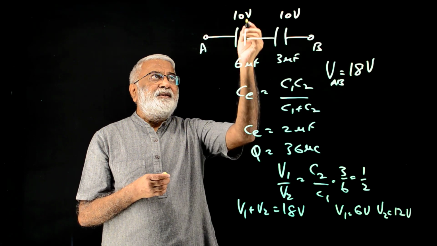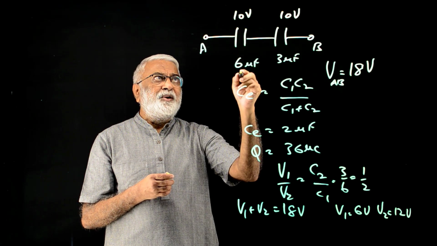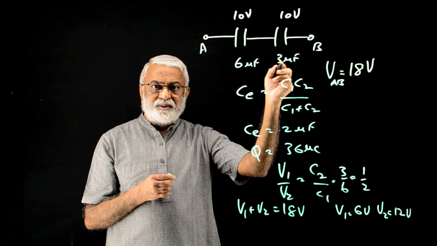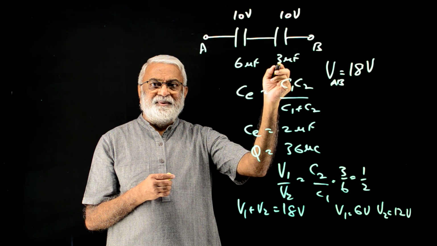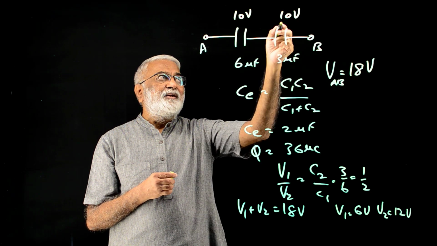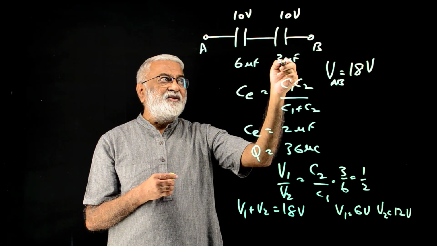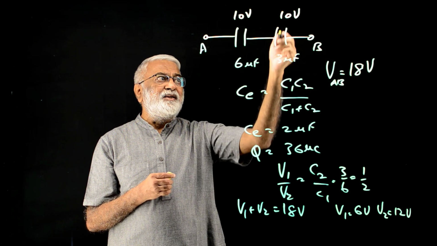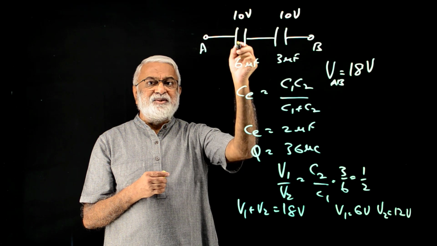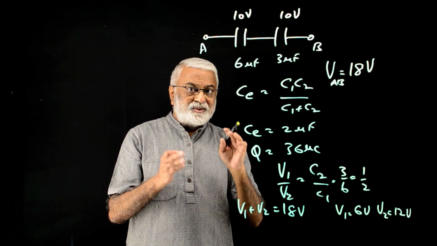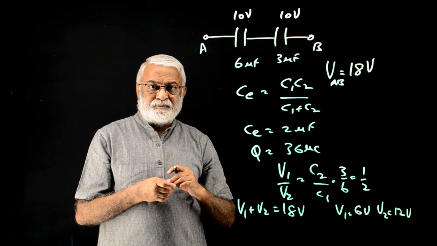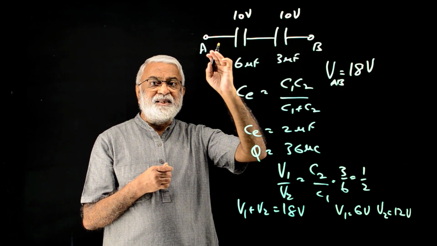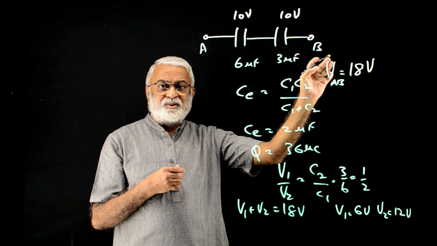Well, for 10 volt potential difference, this can store a maximum charge of 60 microcoulomb, whereas this will be 30 microcoulomb, right? The maximum charge it can store is 3 into 10, that is 30 microcoulomb, and 6 into 10, 60 microcoulomb. Since in the series combination they must have equal charges, the lesser of the two, 30 microcoulomb, will be the maximum charge the system can store.